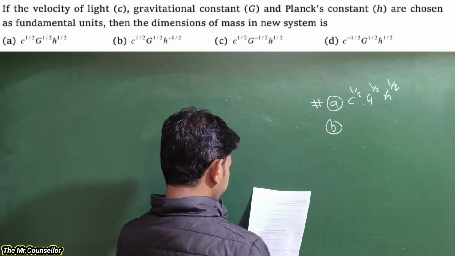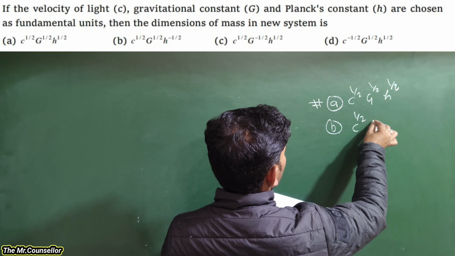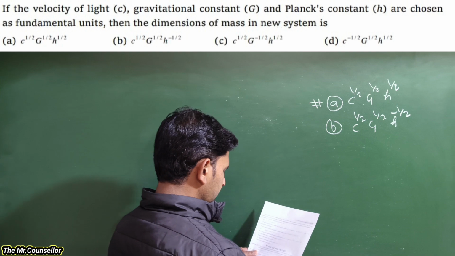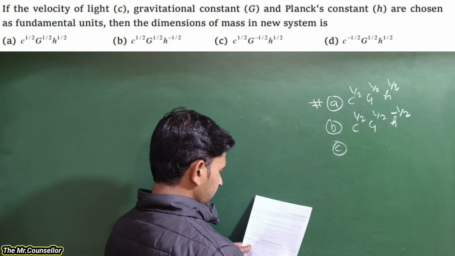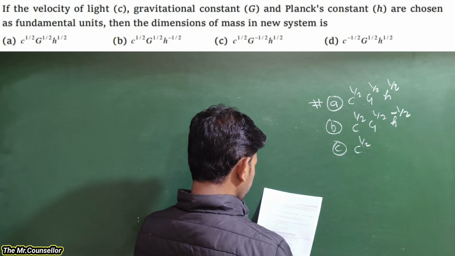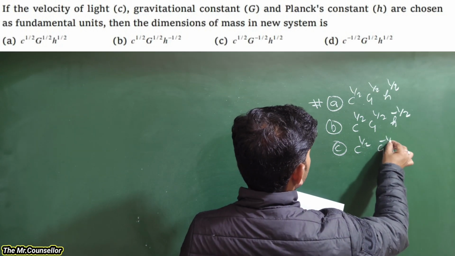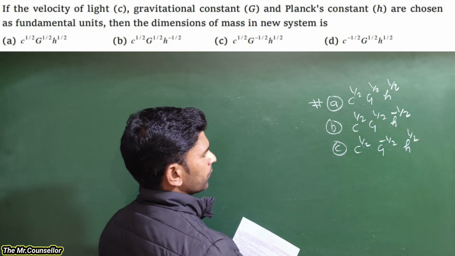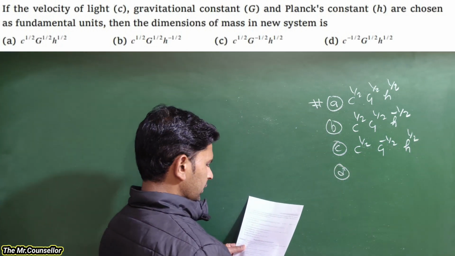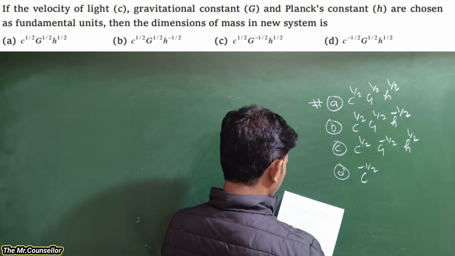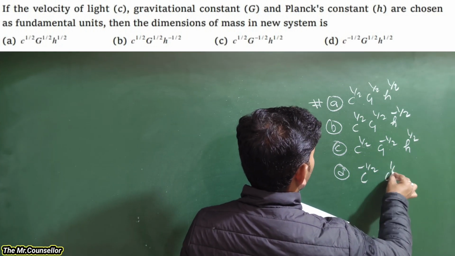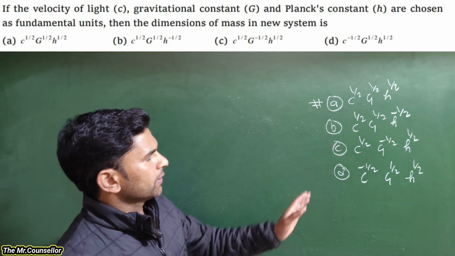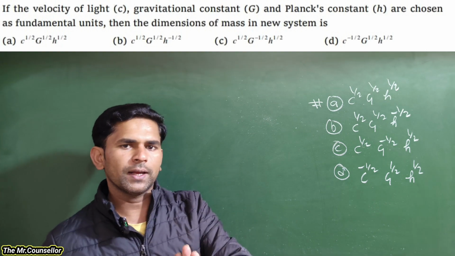Option B is c power 1 by 2, G power 1 by 2 and h power minus 1 by 2. Option C is c power 1 by 2, G power minus 1 by 2 and h power 1 by 2. Option D is c power minus 1 by 2, G power 1 by 2 and h power 1 by 2.